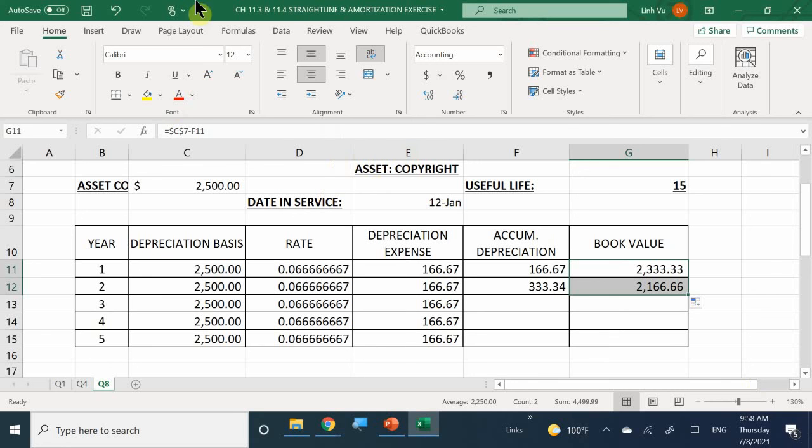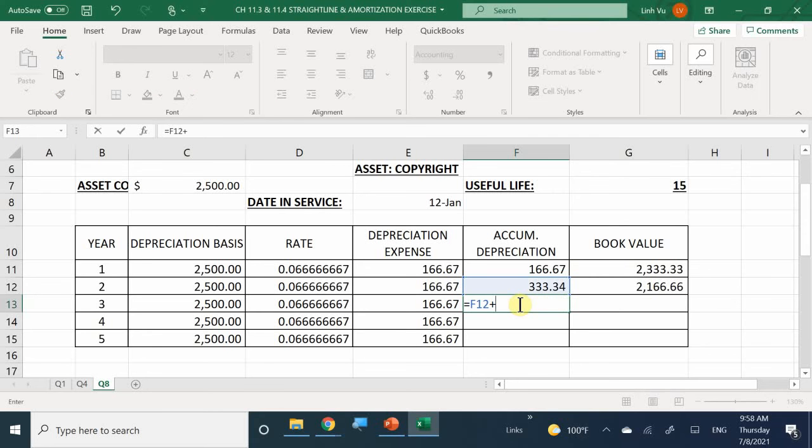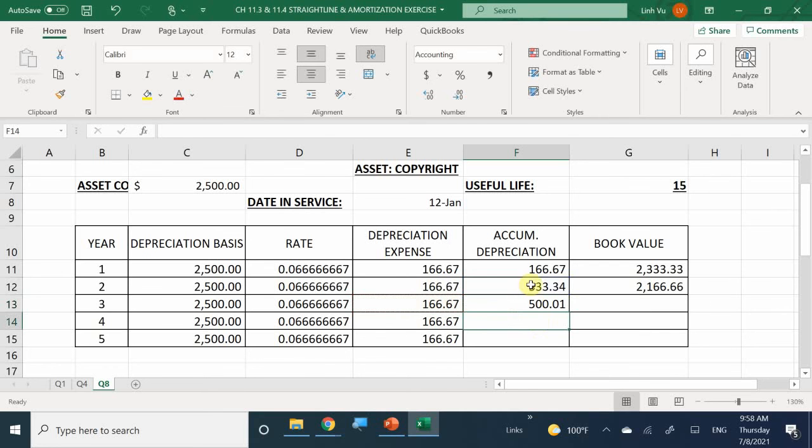So then, what is going to be my accumulated amortization for the third year? $500.01. Good.